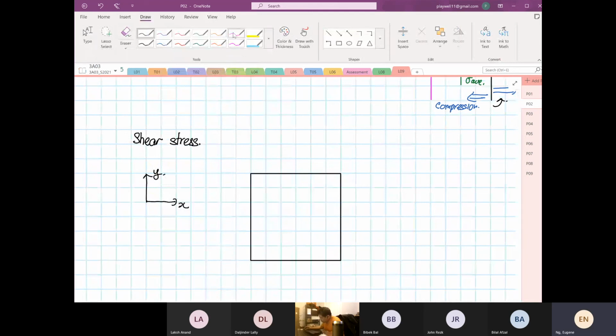So I'm going to draw the axis inside. So this is your x, your y-axis. Okay, so this is your x.